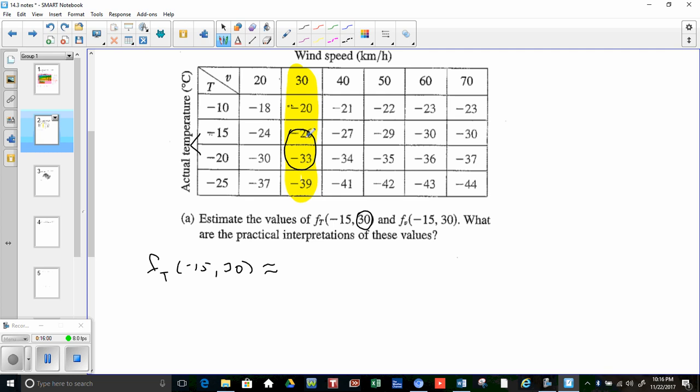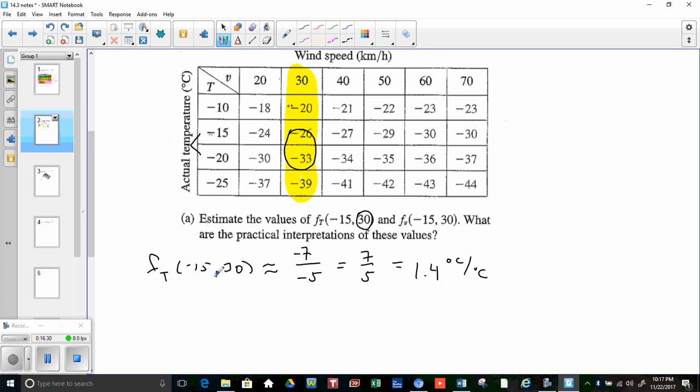So from -26 down to -33 is really a change of -7, and it's going to be over the change of the temperature, which is -15 to -20, so that's a change of down 5, which is going to be 7/5, which means, what's that? 7/5 is 1.4 degrees Celsius per degree Celsius.